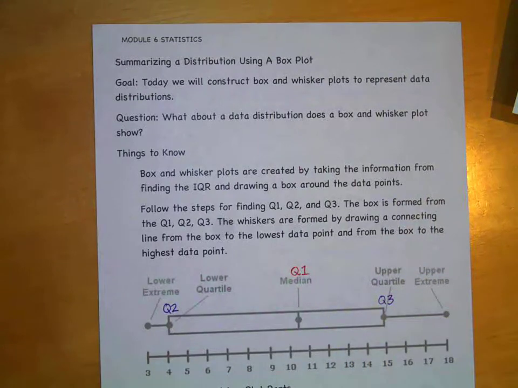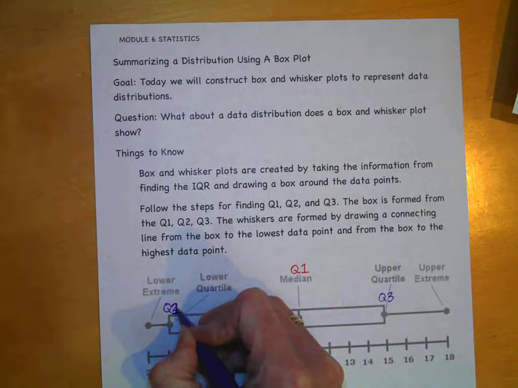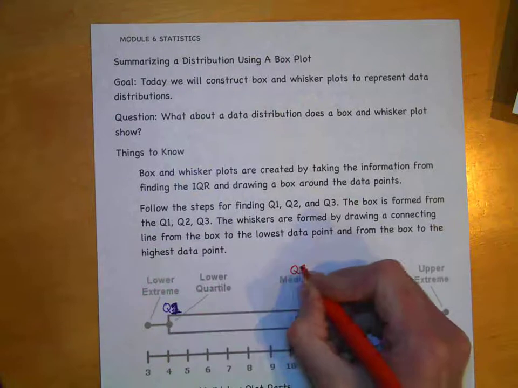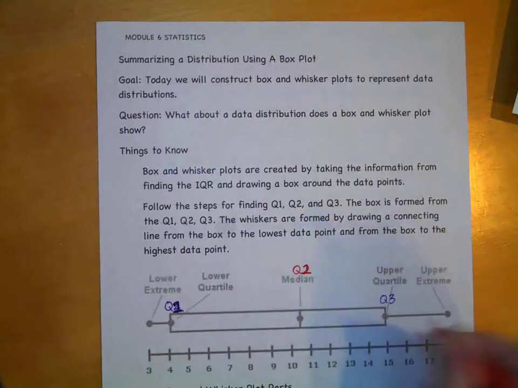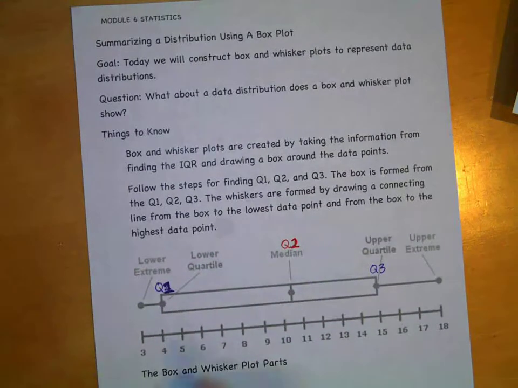Actually, I'm wondering if that would be confusing. Maybe this one should be quartile 1, because the first quartile is the lowest, and then quartile 2 would be in the middle. That makes more sense. So this is actually quartile 2, and that one will be quartile 3. Let's go with that instead, because it numerically works better.